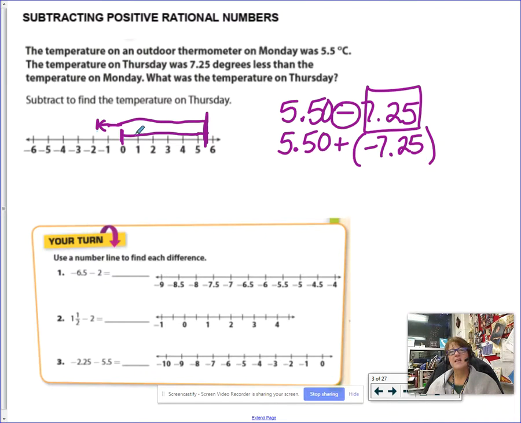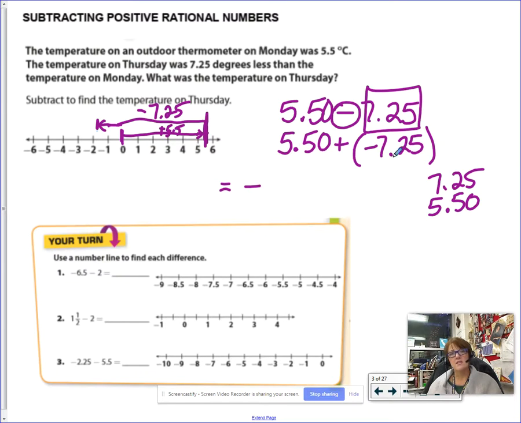On a number line, it gets a little trickier. I think it's probably easier to at least use the number line to think that yes, I'm going to end up in negative territory. Actually, that's positive 5 1/2. But I would line up my decimal points. I know my answer is negative. Take the absolute value of the two numbers and find the difference.